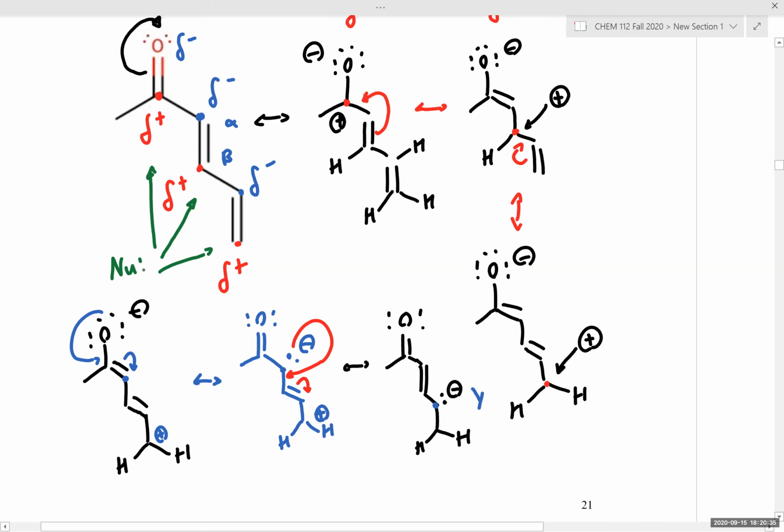So if we attack it with an electron rich atom, that electron rich atom will attack at one of these 3 electron deficient sites. You don't have to worry about this immediately, but this can help you understand patterns of reactivity if you can identify the atoms that are electron rich and electron deficient. Does that make sense to everyone?